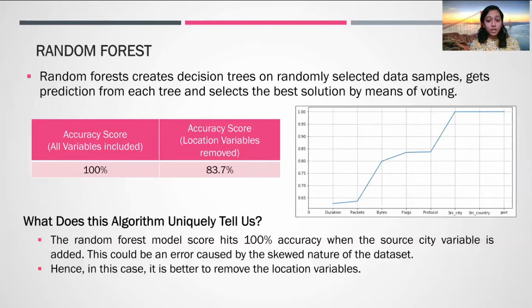Now, this could be an error, because if you look at the graph on the right, you can see how the accuracy score suddenly jumps to 100% once we include the source city variable. After removing the location variables, we can see the overall accuracy score is only 83.7%. So we believe in this case, it is better to remove the location variables.